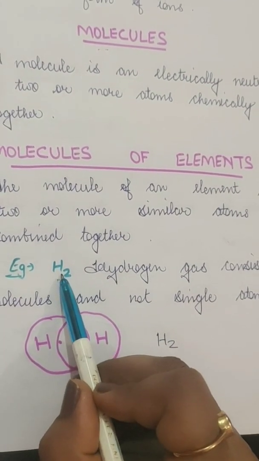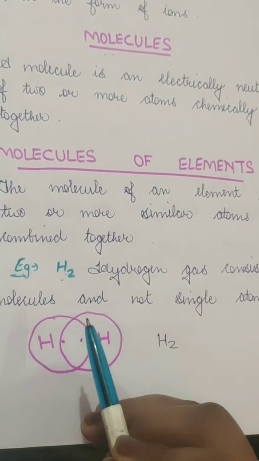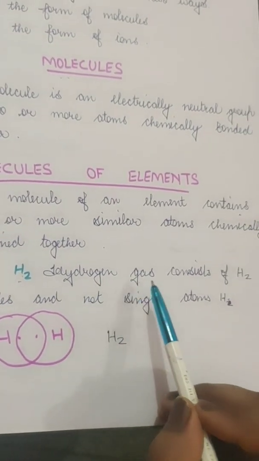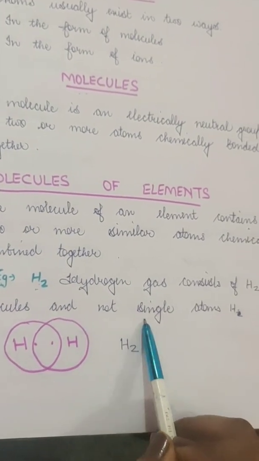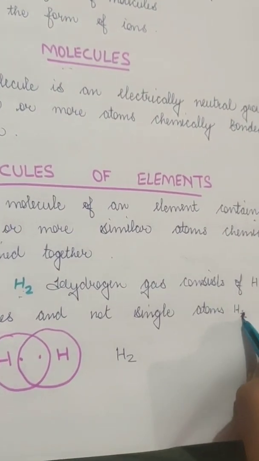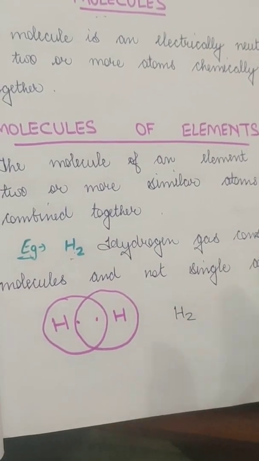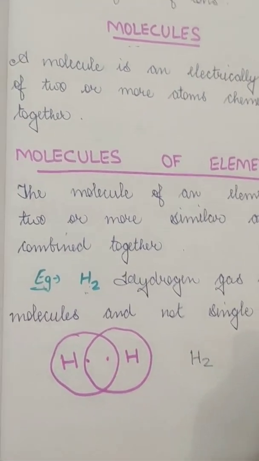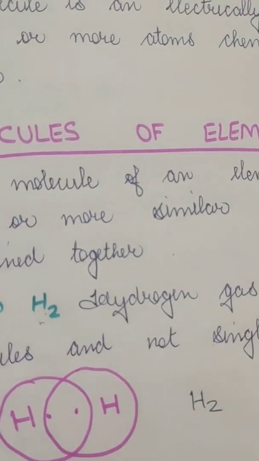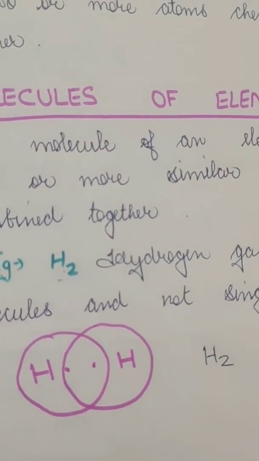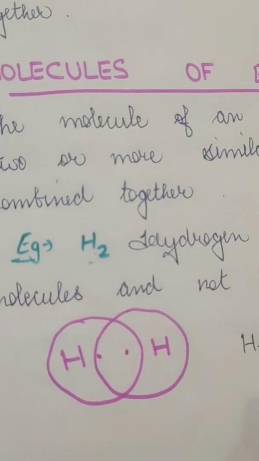So why do we always write this 2 here? The reason is that hydrogen gas consists of H2 molecules and not single atom H. The symbol of hydrogen is H because that is the atom, but hydrogen does not exist in a free form because hydrogen is a very reactive gas.